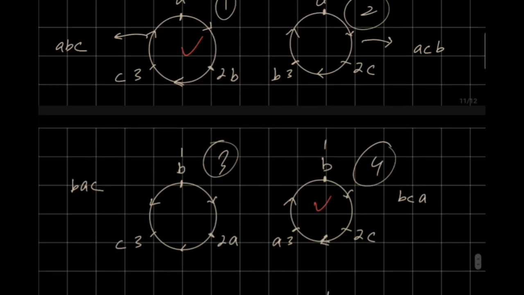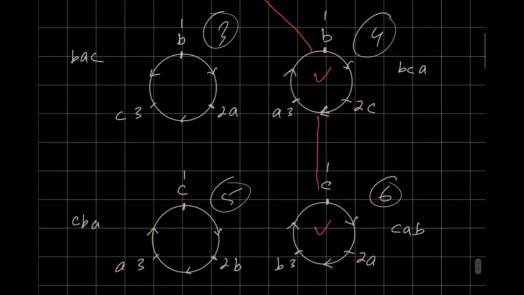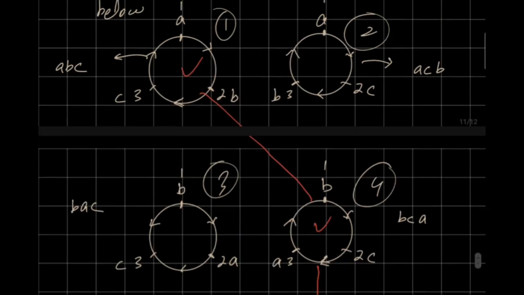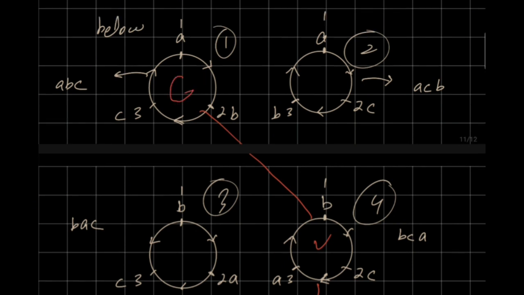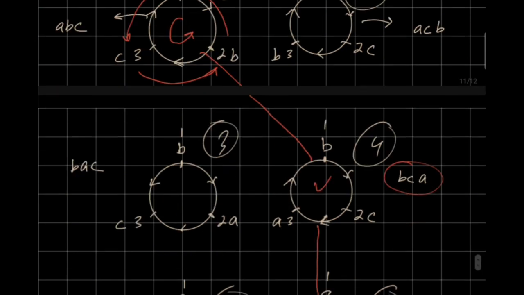I am going to claim that all these permutations, which I have joined with red, are representing the same. You can see I'm going to rotate it anti-clockwise. What will happen? A will move here, C will move here, and B will move here. You can see this is the same thing which I have done here.